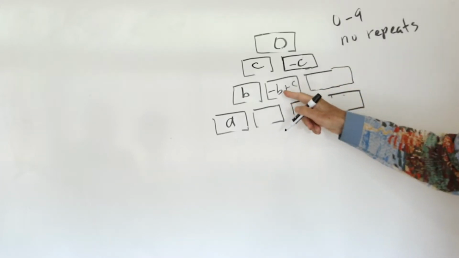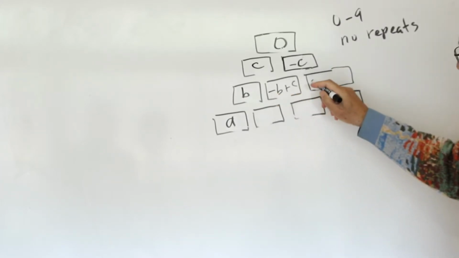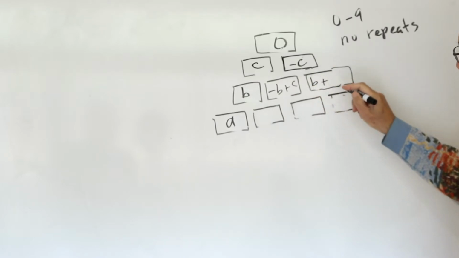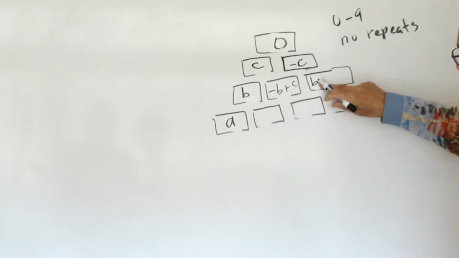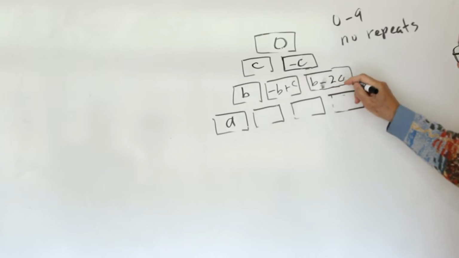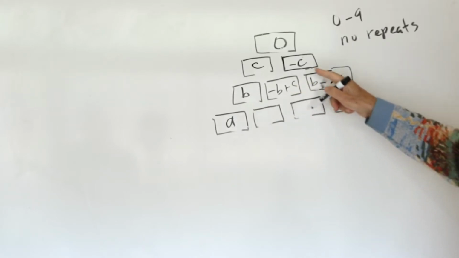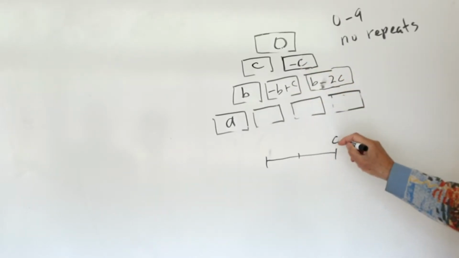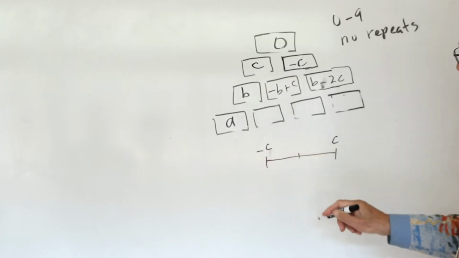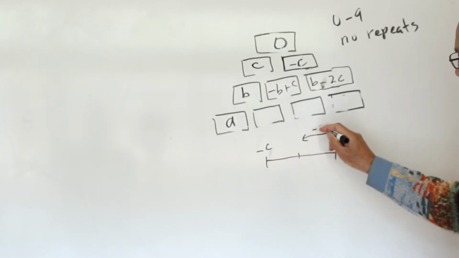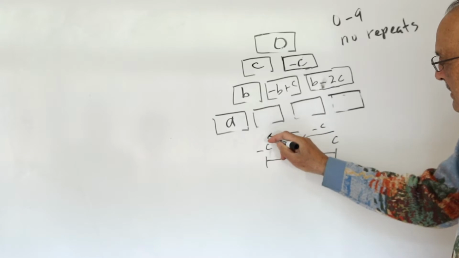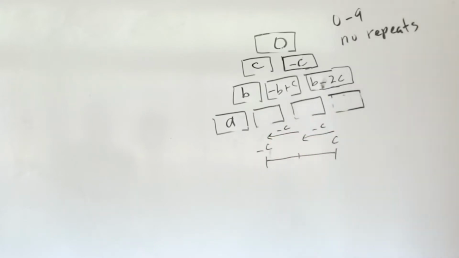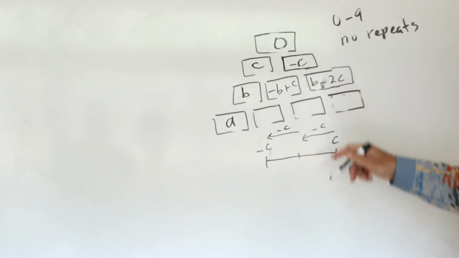For this one, it would be B to cancel the negative B, and then it would be minus 2C, because C minus 2C is negative C. So they can go from C to negative C. To do that, they have to go backwards C and go backwards C again. So it's negative 2C.